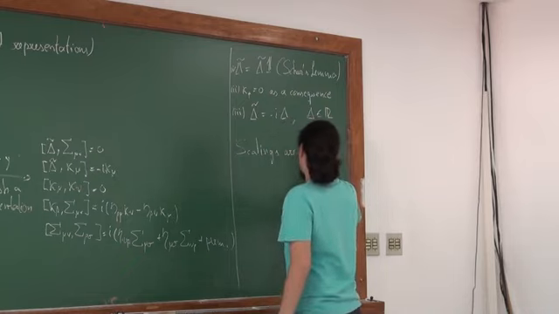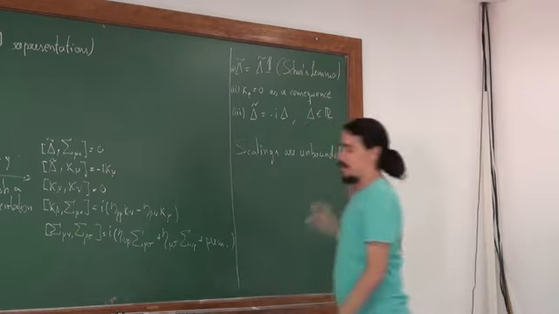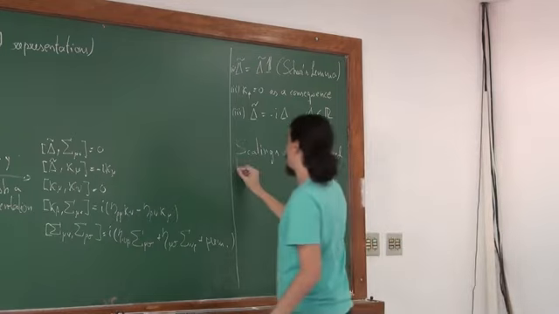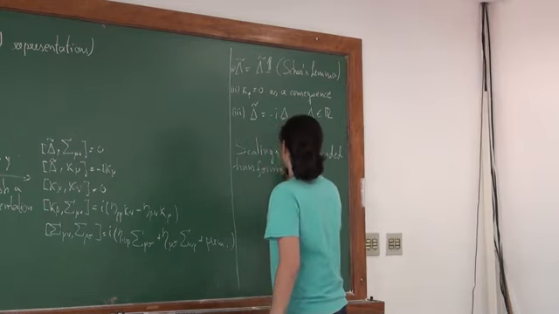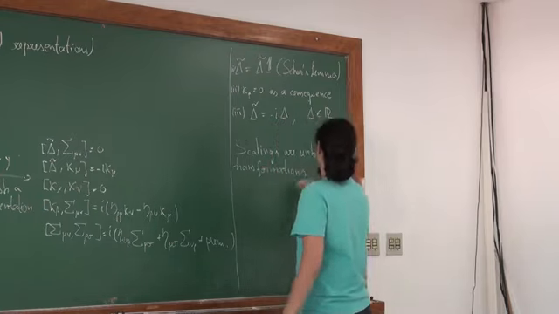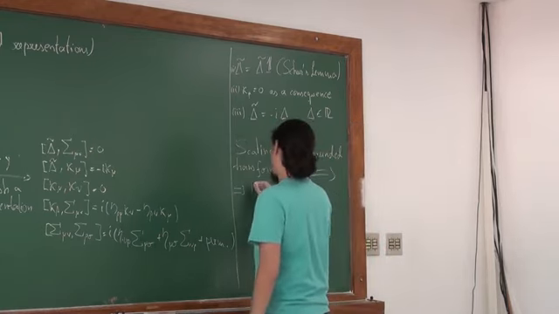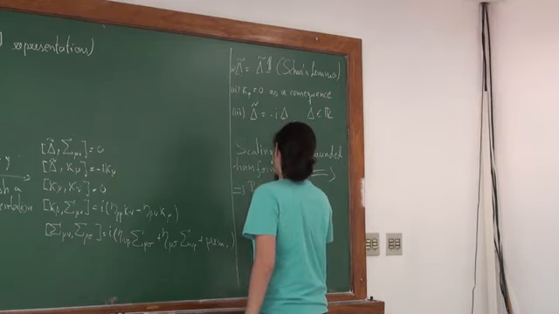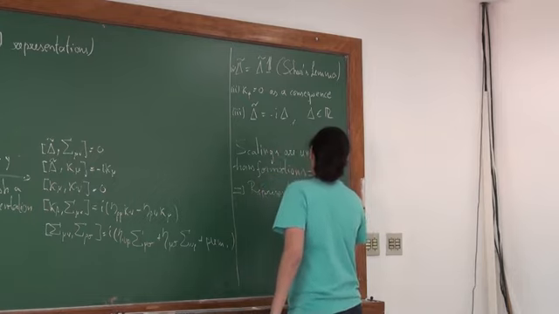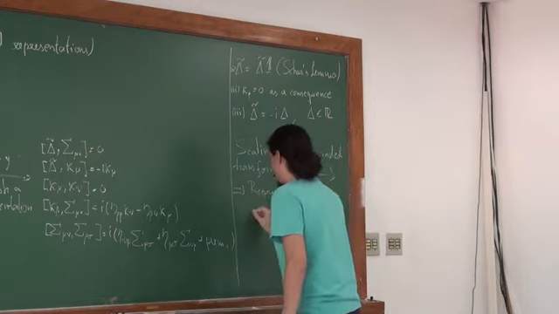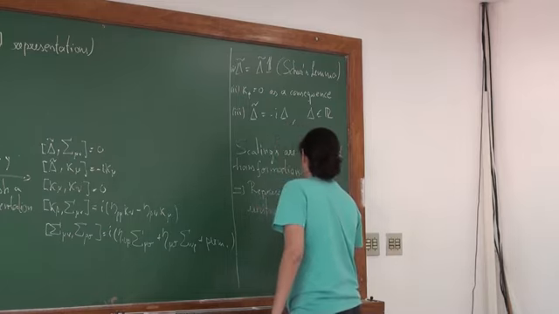Okay, these are the points. Scalings are unbounded transformations. Now this implies that they are represented by non-unitary operators.